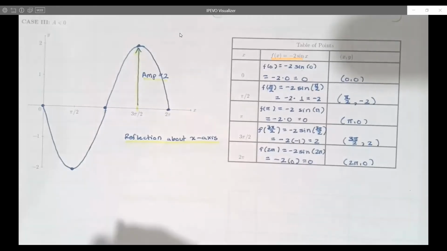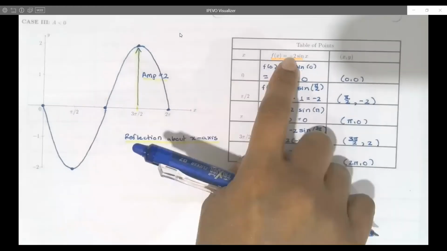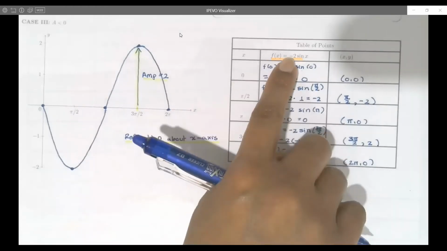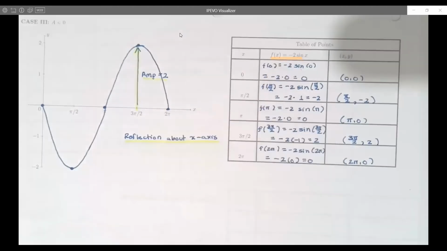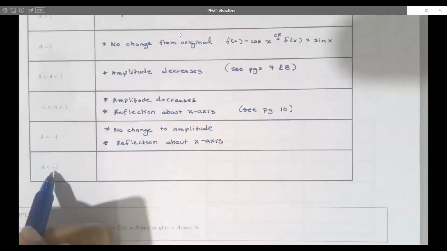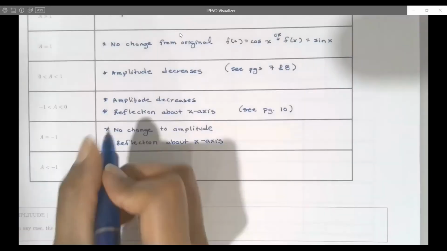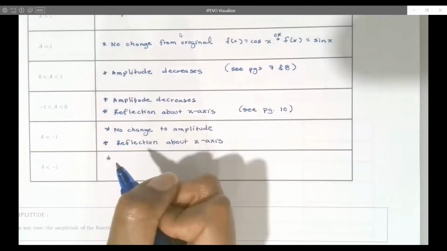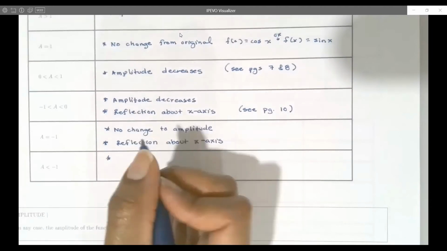Think about it like this. As long as the absolute value is greater than 1, and the absolute value of -2 is 2, which is greater than 1, it's going to increase. So if you have something less than -1, its absolute value will still be greater than 1, so that'll make the amplitude increase.